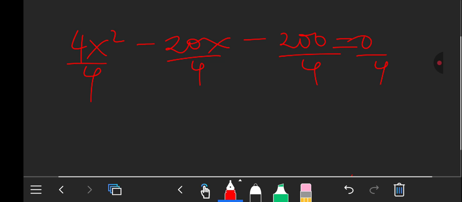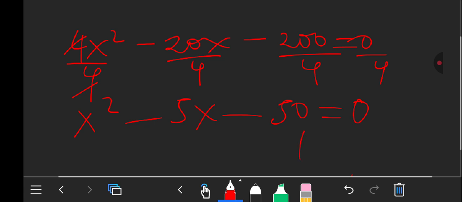So 4x squared divided by 4, this 4 will cancel, and we remain with x squared minus 20 divided by 4, that is negative 5x, minus 200 divided by 4, that should be 50, is equal to 0 divided by 4, that is simply 0.